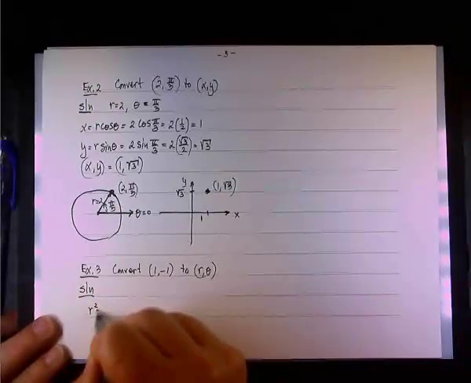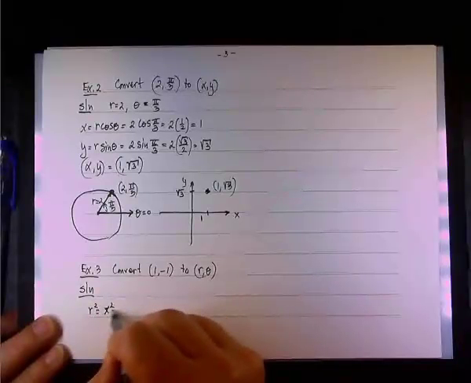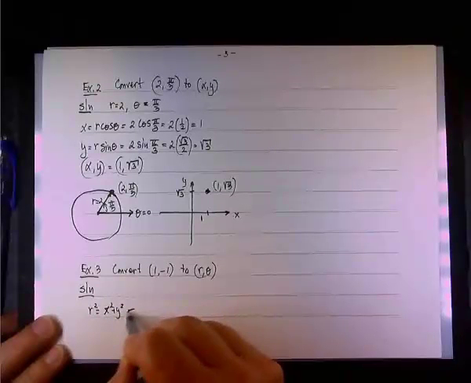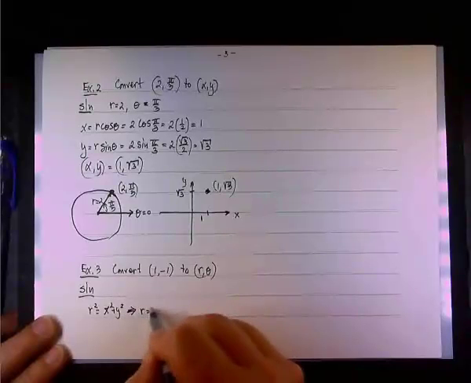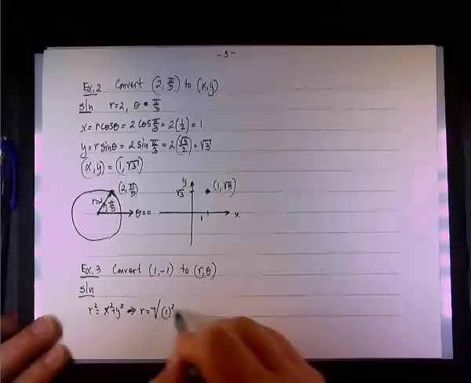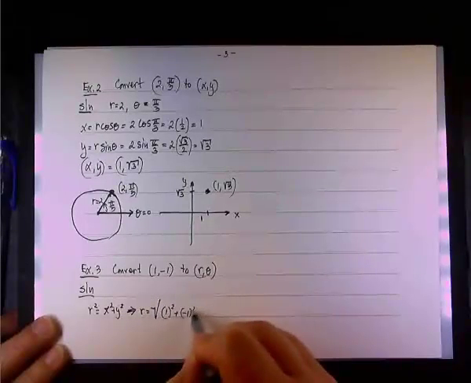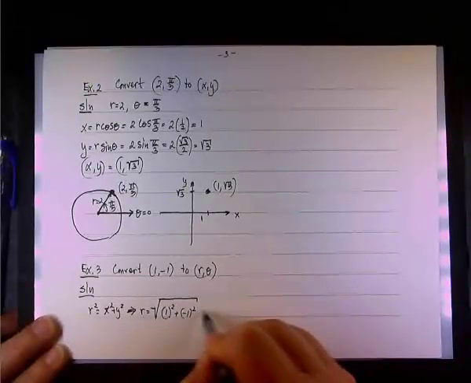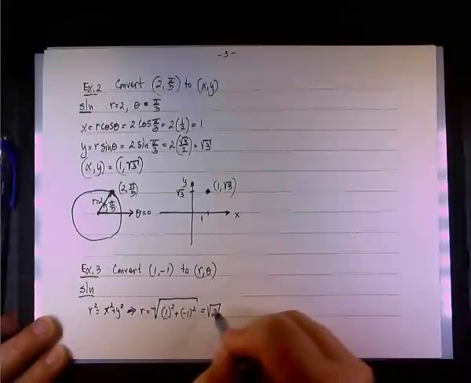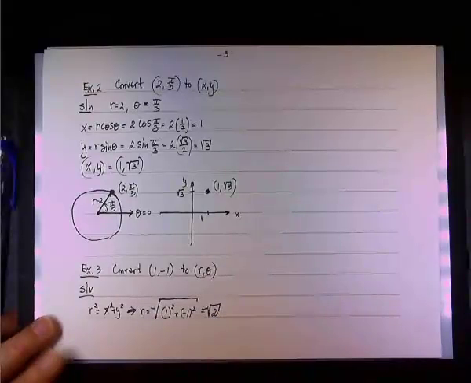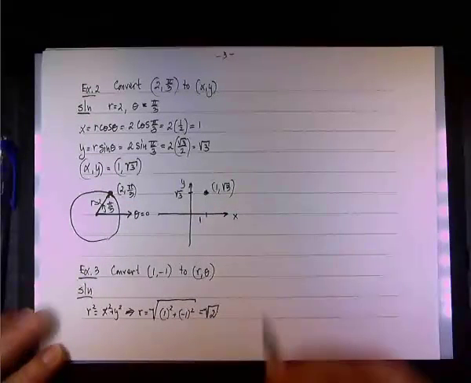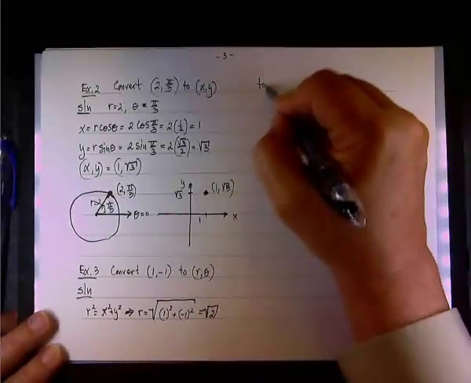We look at the other side of the conversion and we say that r squared equals x squared plus y squared. In this case, r by itself will be the square root of 1 squared plus (-1) squared, and of course it's the square root of 2. So the radius, we can pick up a radius of square root of 2.